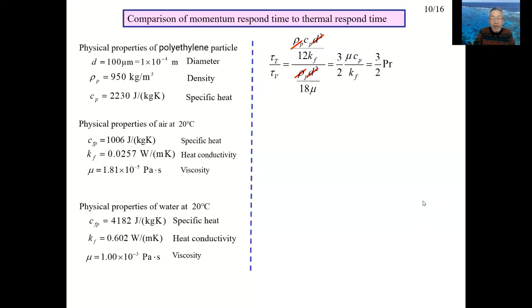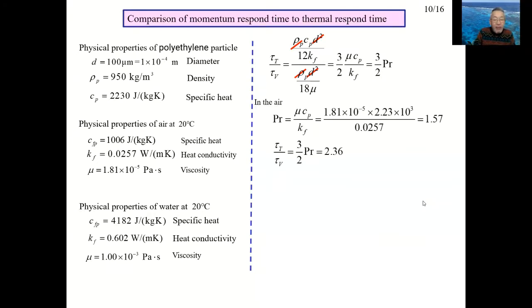It is found that the ratio becomes 3 over 2 times the Prandtl number. The Prandtl number in the air is 1.57. So tau t over tau v is equal to 2.36. That is, thermal response time is 2.36 times the momentum response time.